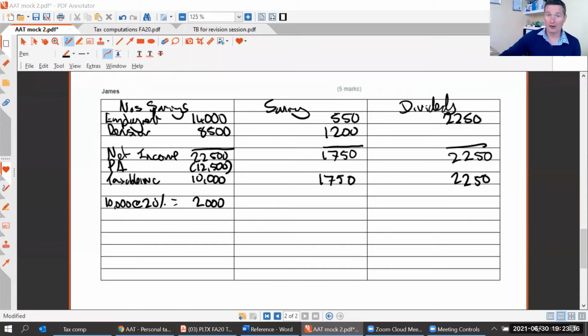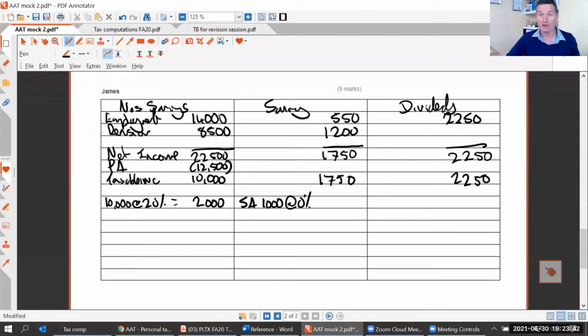What savings allowance are they going to get? Although a lot of people preempted me on that. That's right. So this person is going to get a savings allowance of £1,000 because they are a basic rate taxpayer. But again, you need to show that it's not tax exempt. It is taxable.